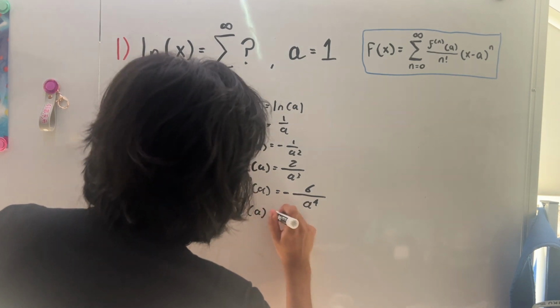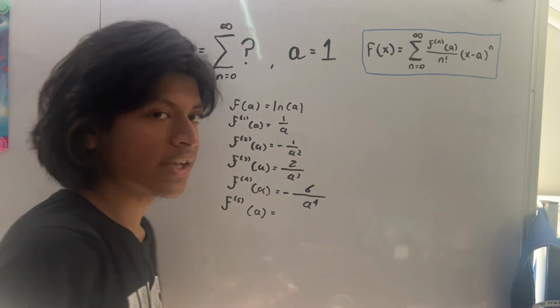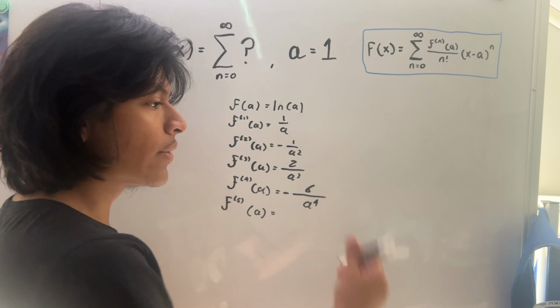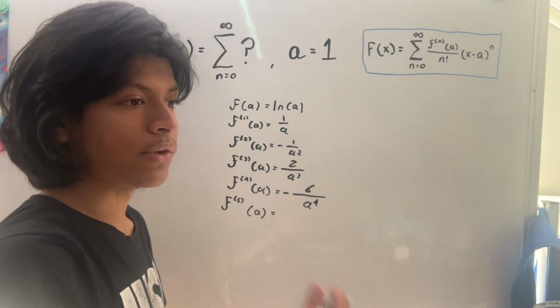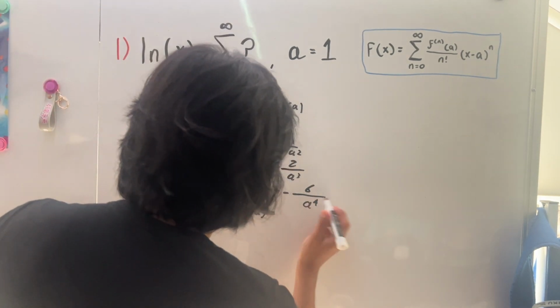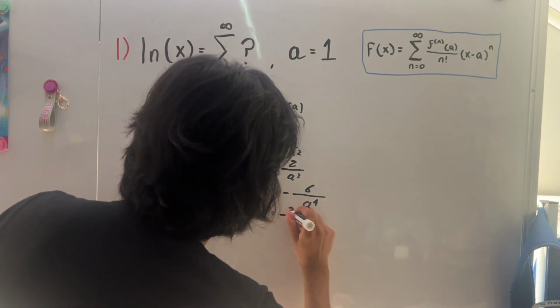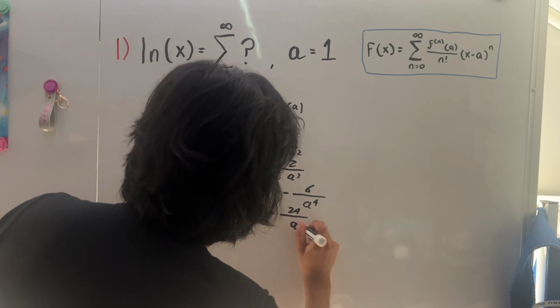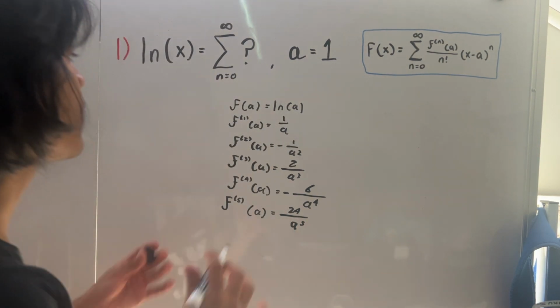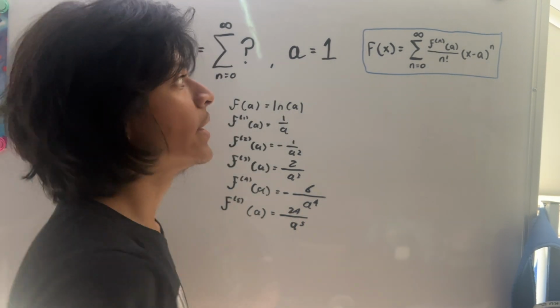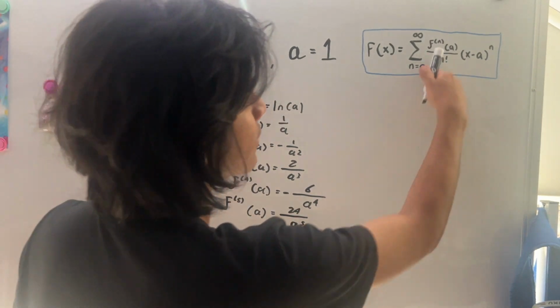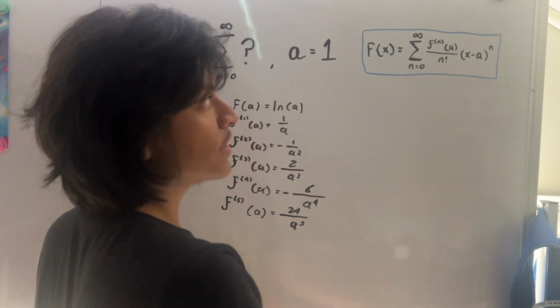I don't want to go too far with it, just in case I make any mistakes, so that when I'm writing them, I don't have to erase as much. So when we do the fifth derivative, we now have a 24 at the top, and we have a to the fifth.